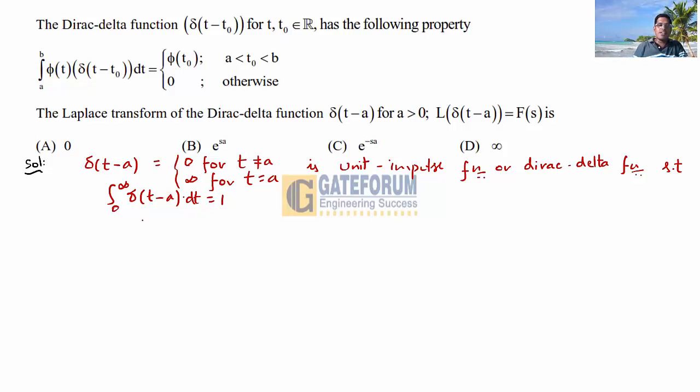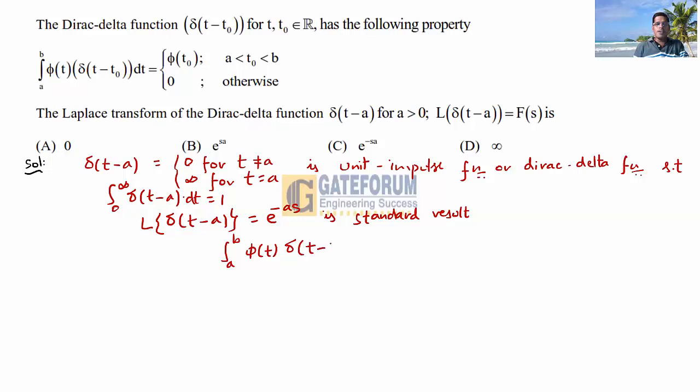So the Laplace transform of delta of t minus a is equal to e to the power minus as. So this is the formula, a standard result. Usually, instead of t naught, here it is given from a to b, a function phi of t, delta of t minus t naught.